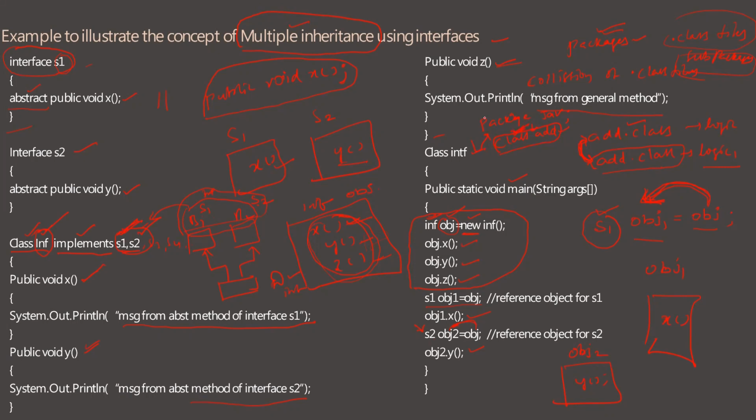If I don't go into the package and just ask for add, then the add class which is not inside the package will be called. So now there is no confusion, right? One add class is inside the package, another add class is outside the package. So there is clear differentiation between these two dot class files, and no chance of any collision.